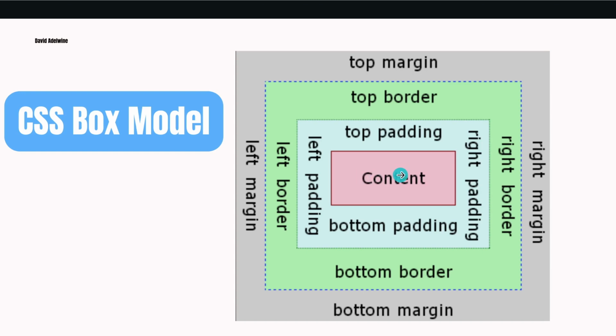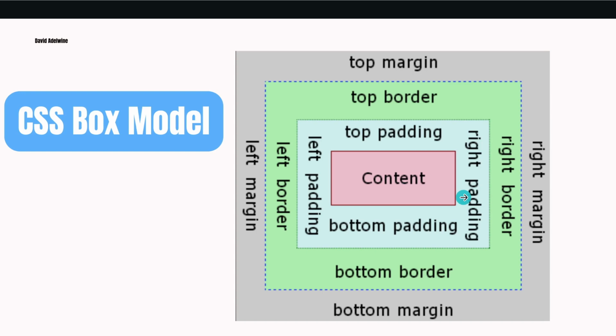This is usually controlled by the CSS properties of width and height. The next thing is the space between the content and the border, and that is referred to as the padding. This creates a breathing room around the content. As you can see, there's the padding left, and this is controlled by the padding property.